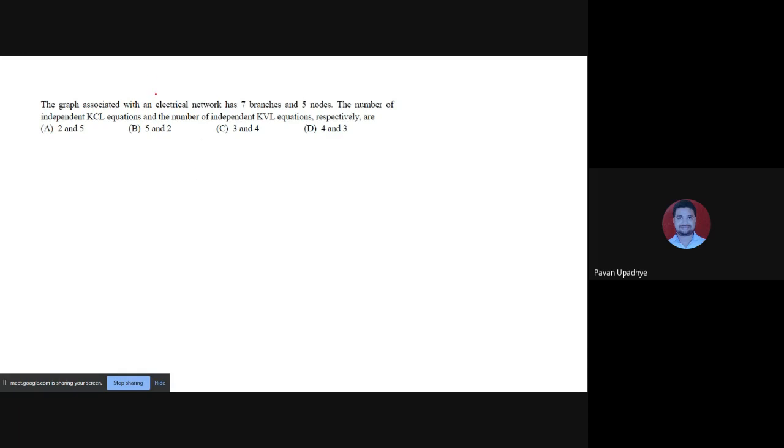Graph associated with an electrical network. I hope you remember the graph. Yes, you remember the graphs that are plotted in this manner. Let us assume you might have heard of some graphs of this kind, tree and graphs. Okay, so these were the graphs, and these are called the nodes.